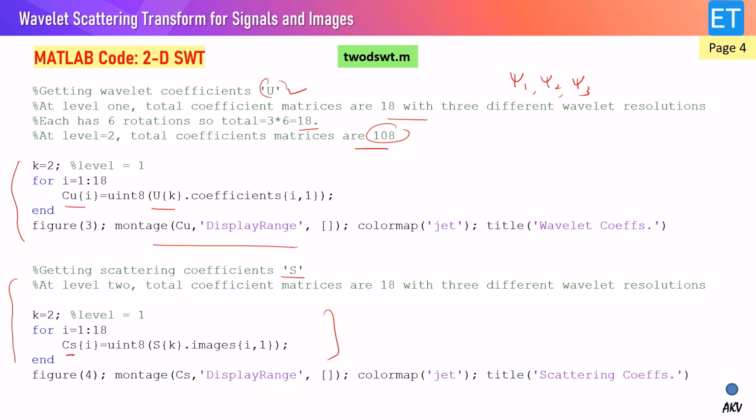I hope you have enjoyed this video, and the wavelet scattering coefficients which we have obtained, we can use as features for signals and images, and they can be used for classification tasks. So in the next video, probably I will come with the implementation of some classification of signals or images.